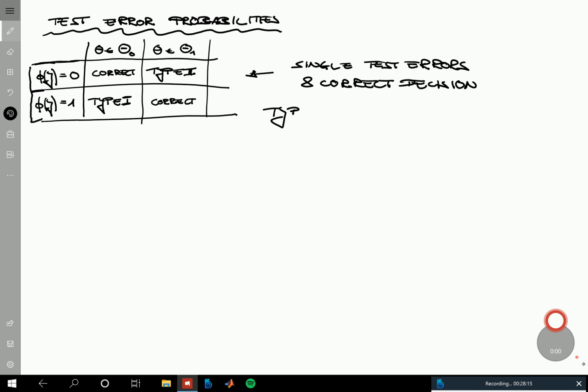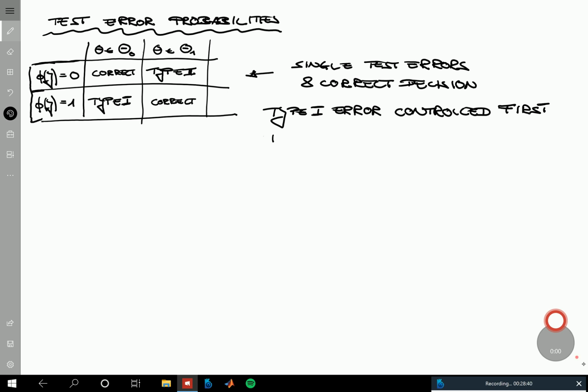So type 1 error is usually controlled first: you set up a procedure that keeps your type 1 error at a given rate.